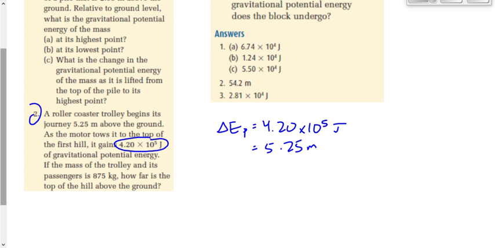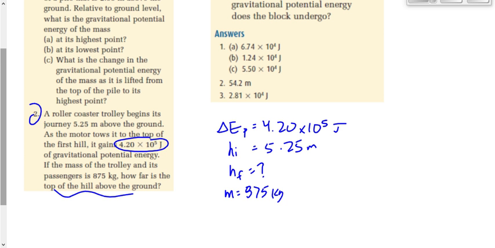Begins its journey that far above the ground. That's going to be a height, right? Is that just H, or is that H with a subscript after it? HI, that's my initial height. It's not my final height, right? This is what I want to find, right? My final height. Don't know how high I end up getting here. Mass is 875.